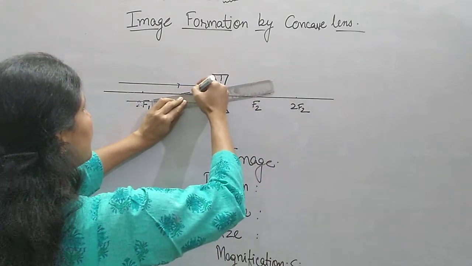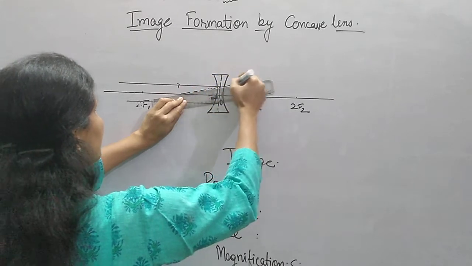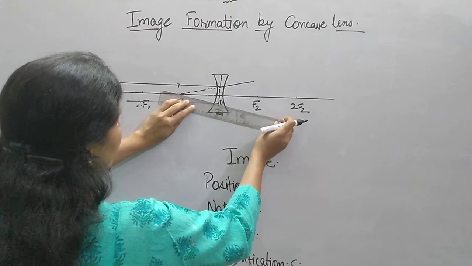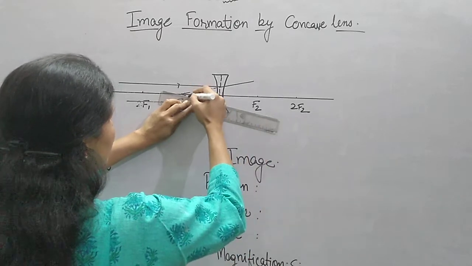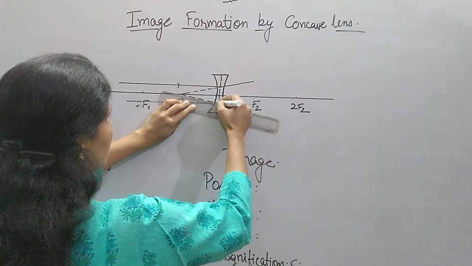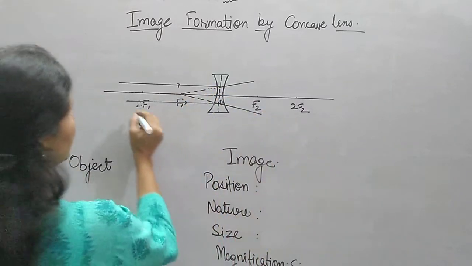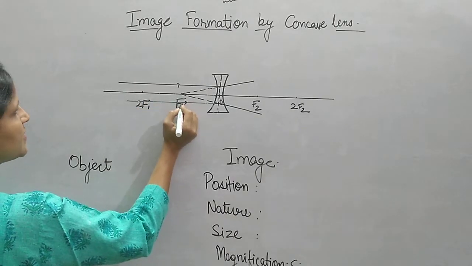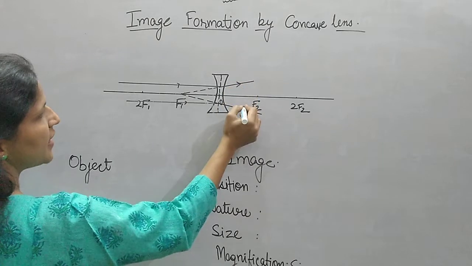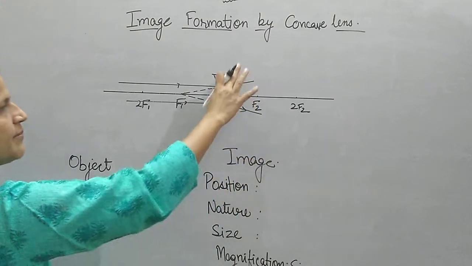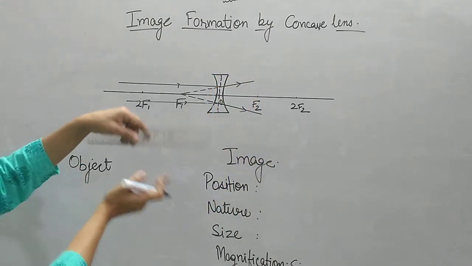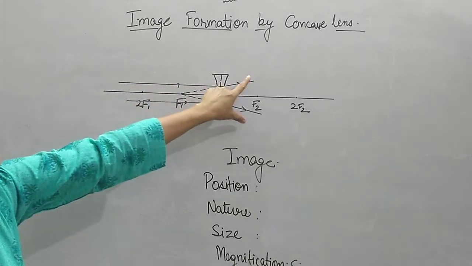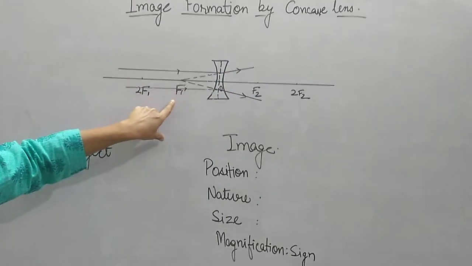When we say appear to pass, it means that they should be dotted lines, and since the lens is transparent, light naturally goes forward. So light was going straight, and when it encounters a lens, it bends in such a manner that it transmits through the lens with a bending. And this bending is diverging the rays. That is why we call it a diverging lens also. But these diverging rays appear to meet at f1.